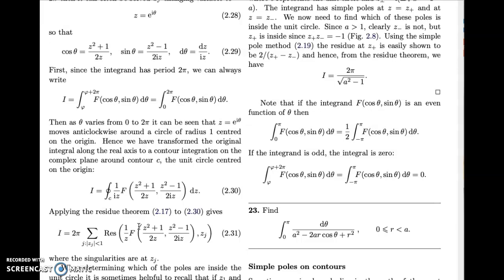But I'm just summarizing what you actually find in the end. So finally, the integral itself is just 2 pi i times the sum of the residues of this, where the residues, of course, are of the poles which are inside the unit circle. That's what we're saying here. The modulus of the values of where the singularities are has to be less than 1.